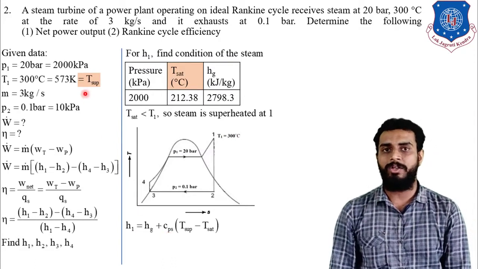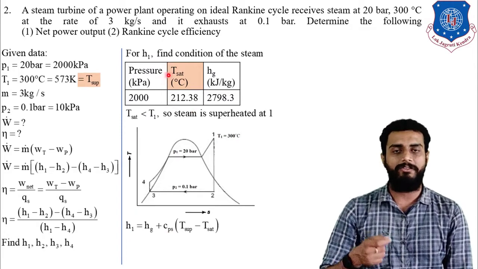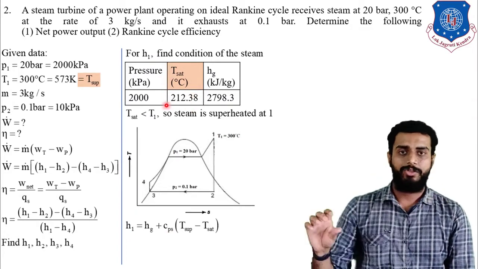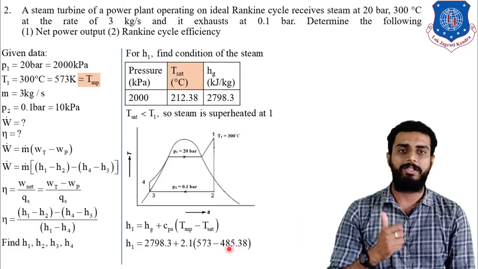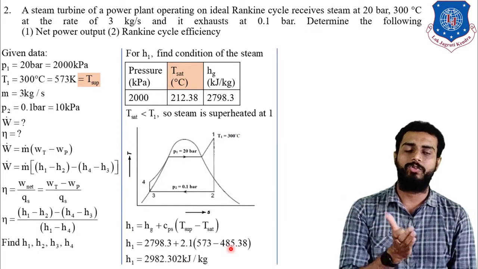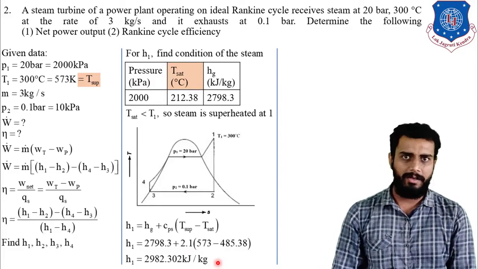T saturated is 212.38 degrees Celsius. You convert it into Kelvin, it will be 485.38 Kelvin. Clear everyone? So you substitute all the values, then you will have the final value of H1 as 2982.302 kilojoule per kg. Clear? Easy to understand, nothing big.